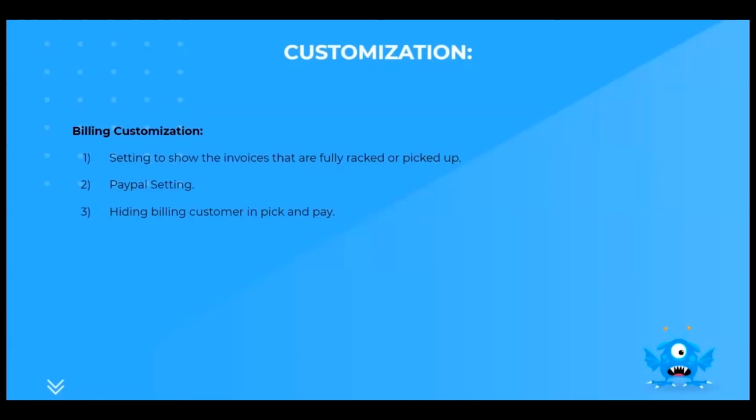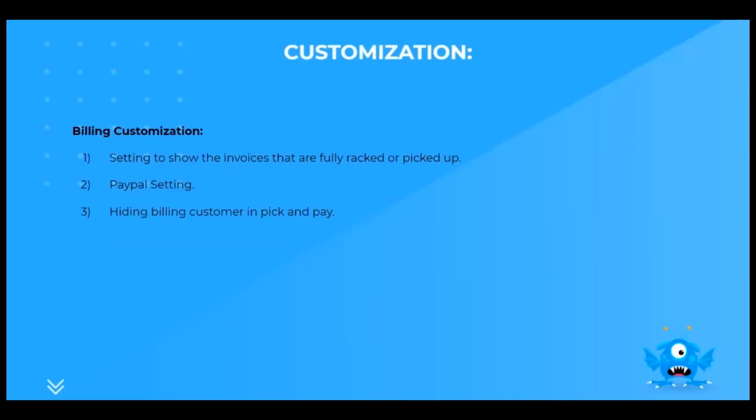We can set it up so it will only take the invoices that are fully racked, or maybe you only charge for the invoices that have been picked up. We can apply a setting so that this filter only takes into consideration the invoices that have been picked up. Those are something that we support. You just have to let us know what arrangement you need so we can get that configured for you.